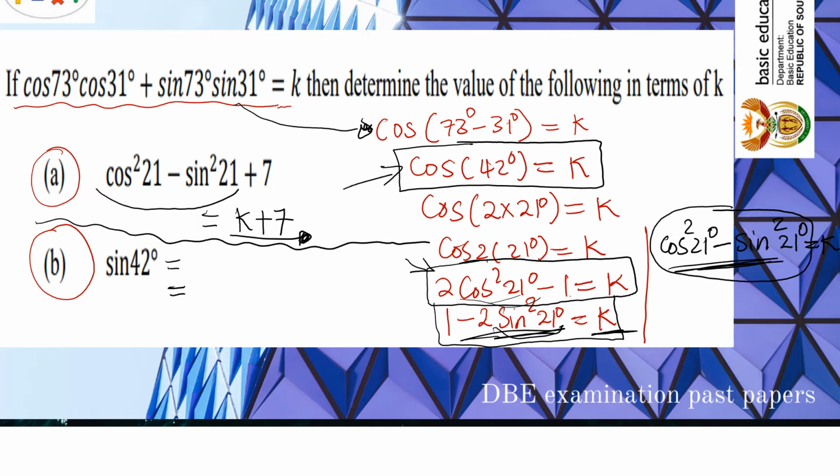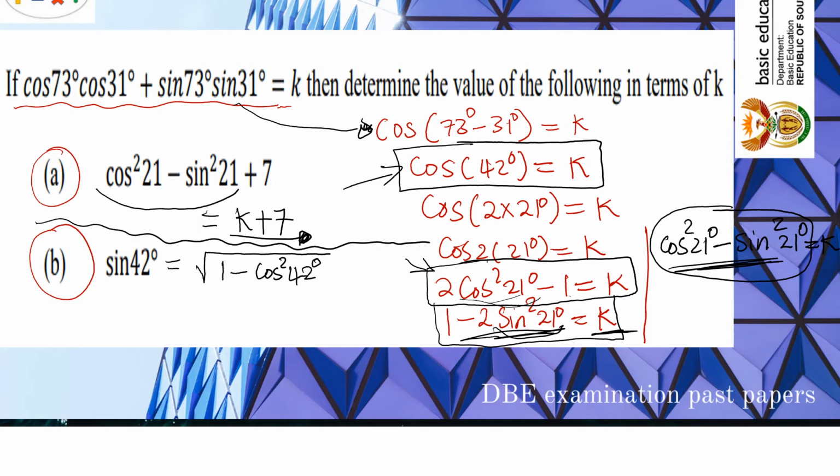That's the biggest question. So sine 42 is the same as root of 1 minus cos squared 42 degrees.